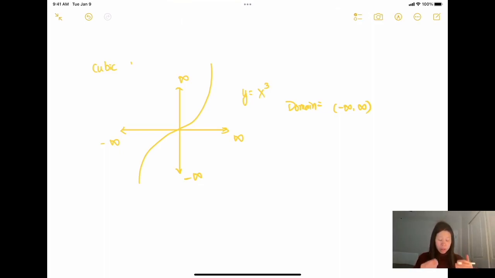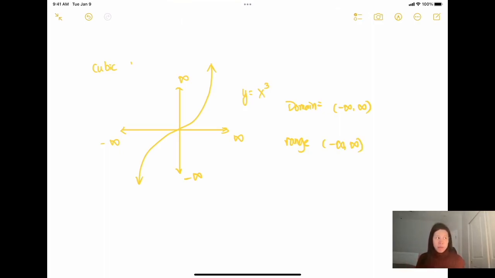So when you look at the graph, you need to think, okay, the graph extends in two directions: all the way up and all the way left, and also all the way down and all the way to the right. So the domain is negative infinity to infinity, and similarly the range is also negative infinity to infinity, because you can go as far up as you want and as far down as you want.